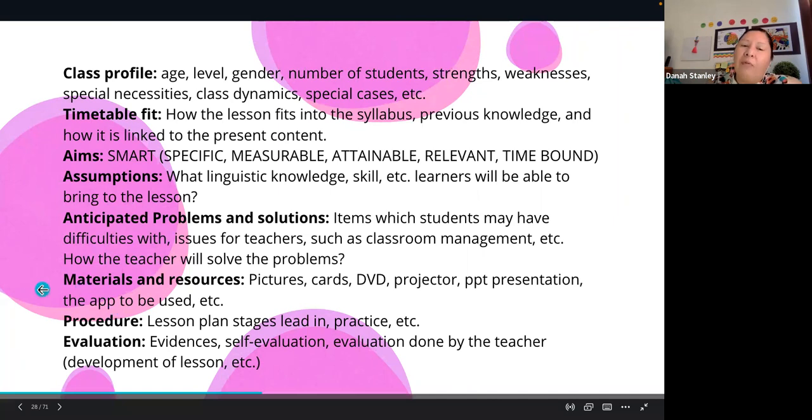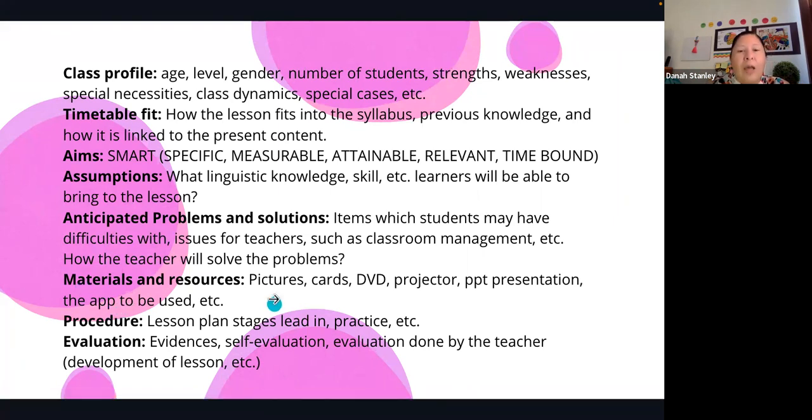The materials and resources, what I'm going to use: picture cards, DVD, bueno, DVD doesn't exist anymore, pero projector, PPT presentation, the app, etc. At the beginning, when I was starting teaching, I prepared beautiful and spectacular classes, and suddenly, híjole, se me olvidaron las fotocopias en la mesa.